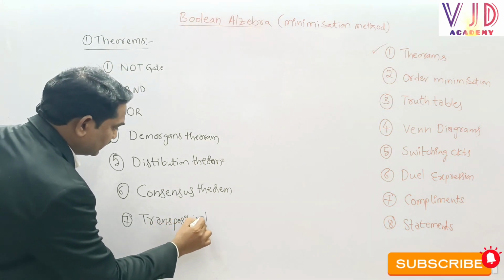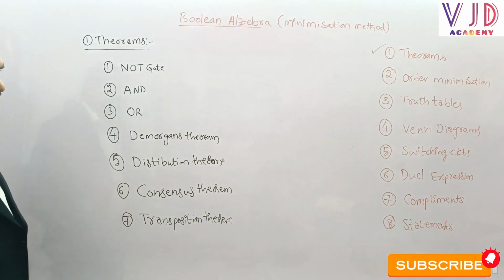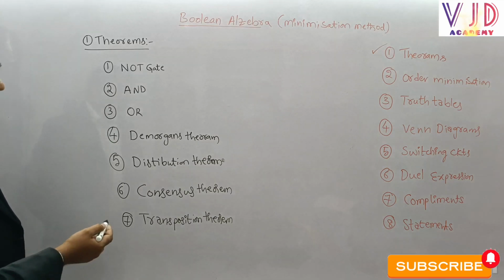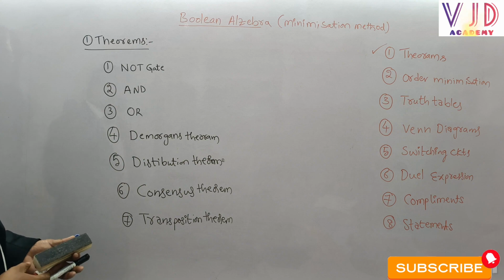These are the 7 types of theorems. Let us try to understand each theorem, and then we will see the next concept, order of minimization.